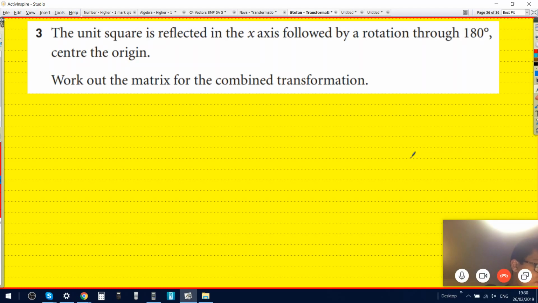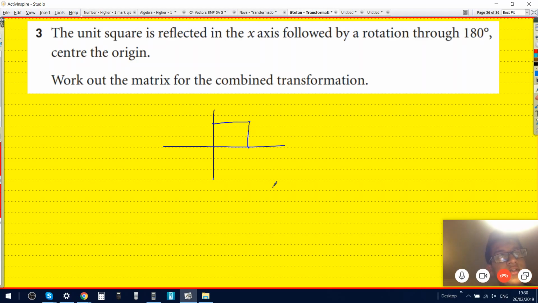So 1 0 0 1 is, so yeah, the unit square, and then you reflect in the x-axis. So that's kind of, might help to draw it out actually. So like this. Reflected in the x-axis means, right, that's going to be A dash, B dash, C dash, and then the origin remains there.